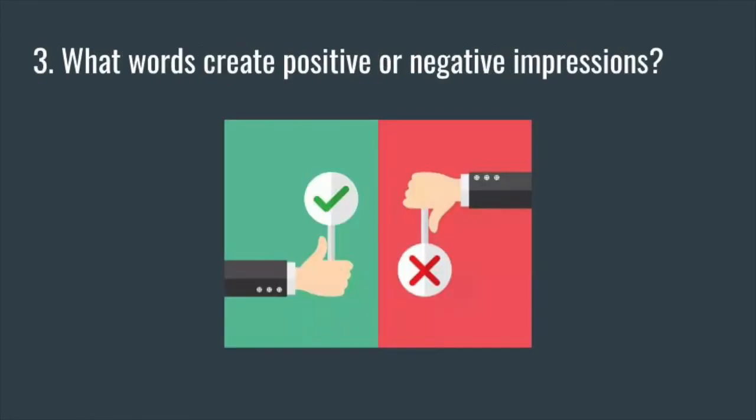The third question we should ask ourselves is, what words create positive or negative impressions? This is also important because the connotation of the vocabulary the author uses can create a certain mindset going into the article.